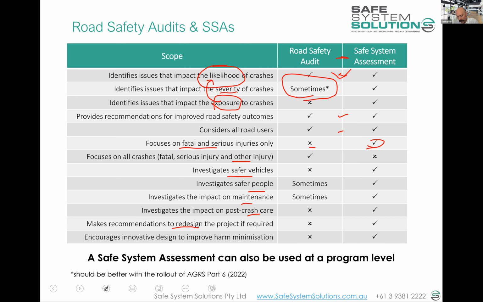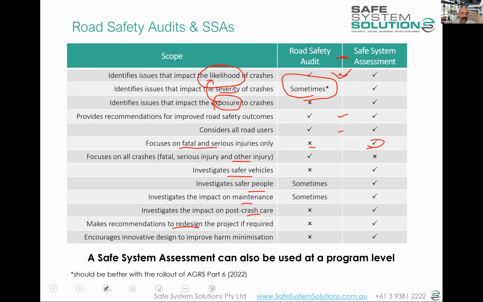So road safety audits aren't about redesigning the project. And when I say redesign, I don't mean like get in CAD and redesign the project. I mean like fundamental changes to the intersection forms and the scope and the cross-section and all of these sort of things. Is a real project redesign. And safe system assessments are much better set up for that.